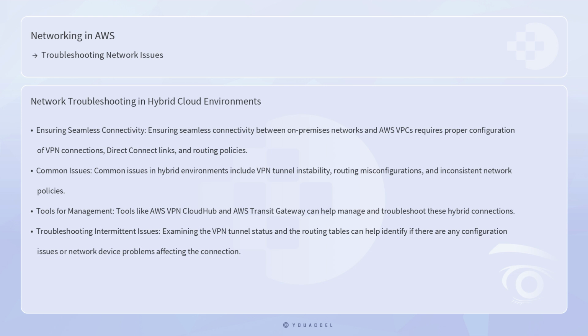Tools like AWS VPN CloudHub and AWS Transit Gateway can help manage and troubleshoot these hybrid connections. For instance, if there are intermittent connectivity issues between an on-premises data center and AWS, examining the VPN tunnel status and the routing tables can help identify if there are any configuration issues or network device problems affecting the connection.